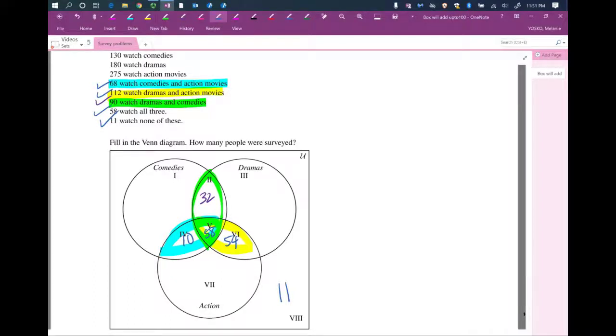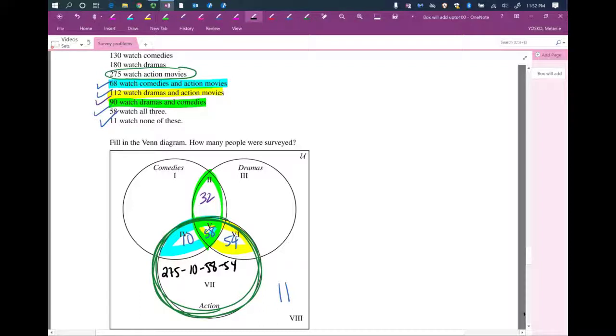275 watch action movies. So action movies is this circle right here. And we know that all those regions are going to add up to 275. So 10 plus 58 plus 54 plus whatever this is will be 275. So to figure out what number goes in this region, region 7, we're going to do 275 minus the 10, the 58, and the 54.